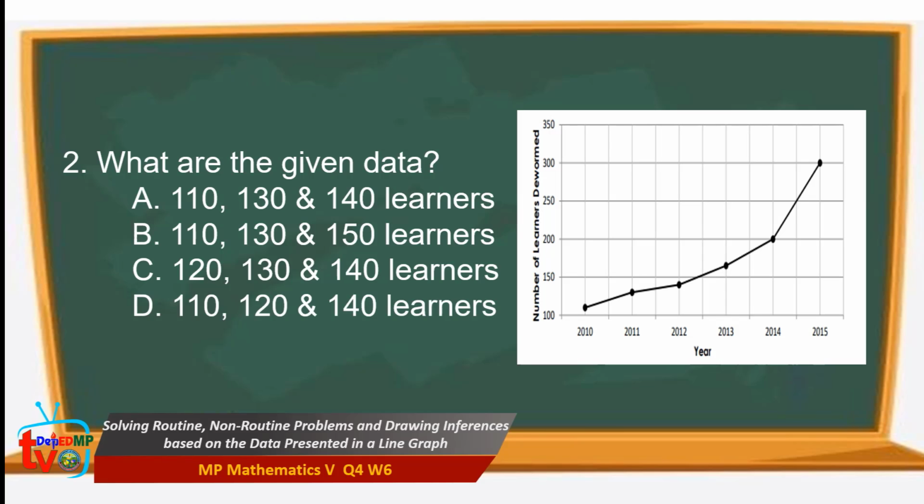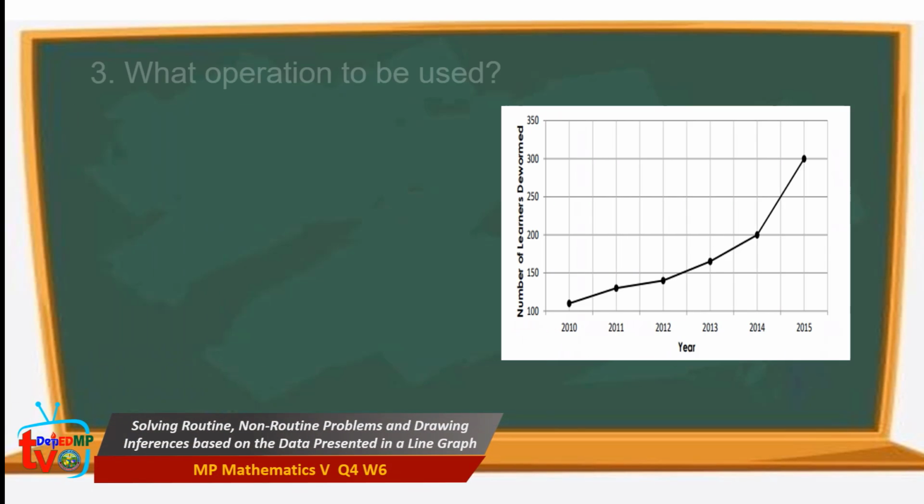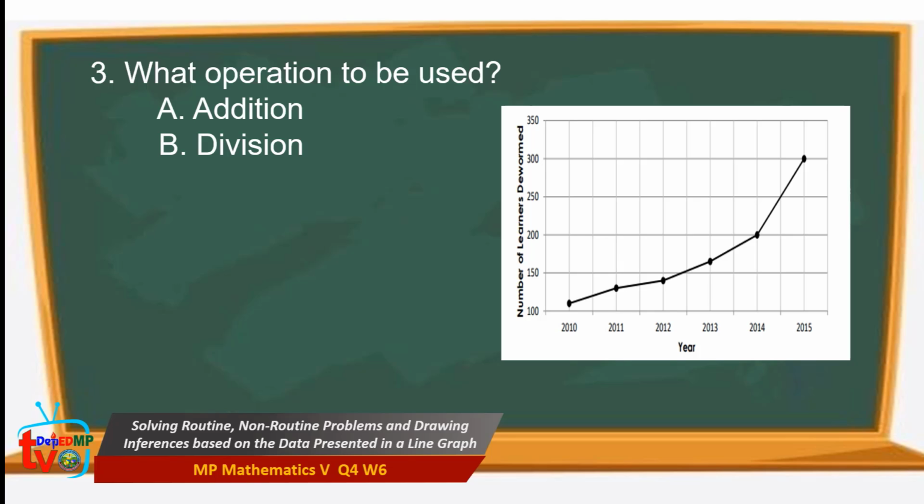D, 110, 120, and 140 learners. What operation to be used? A, addition. B, division. C, multiplication. D, subtraction.